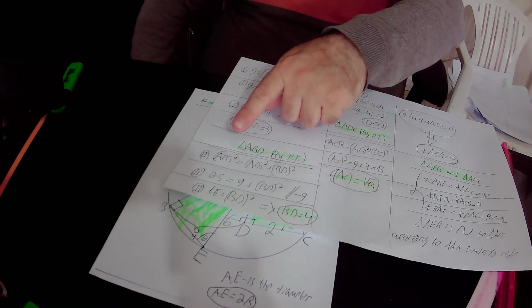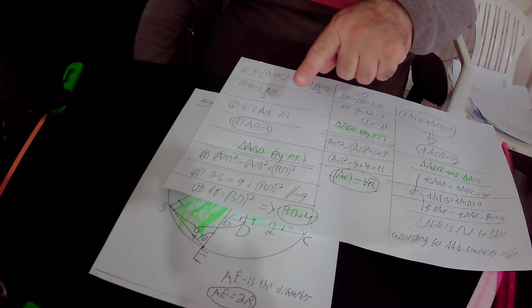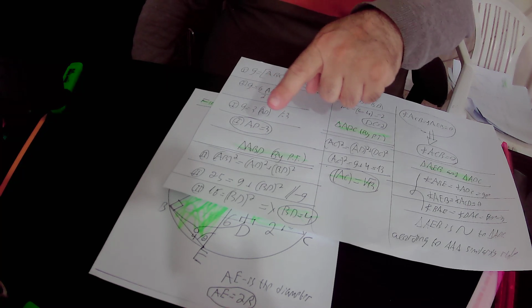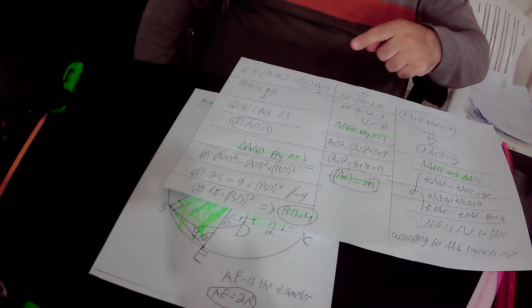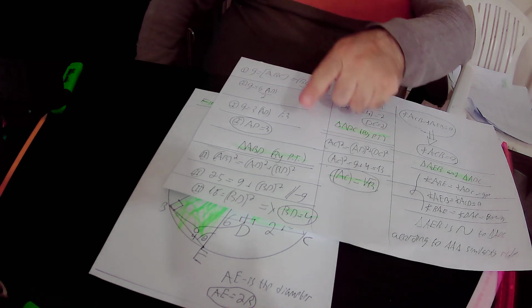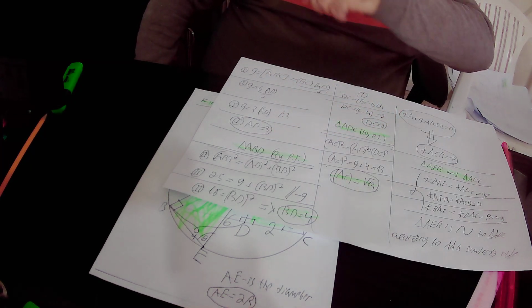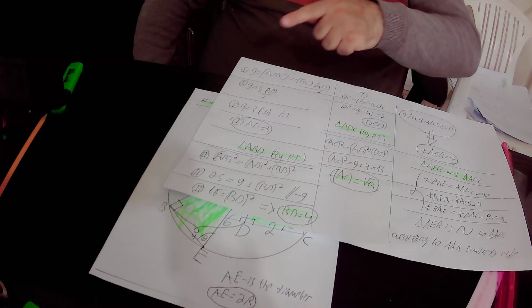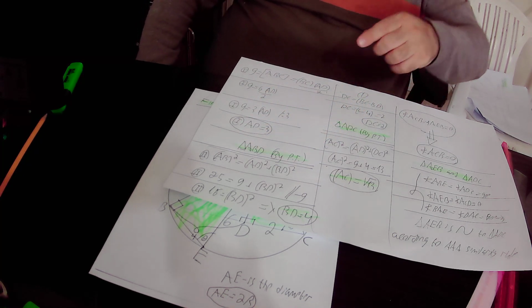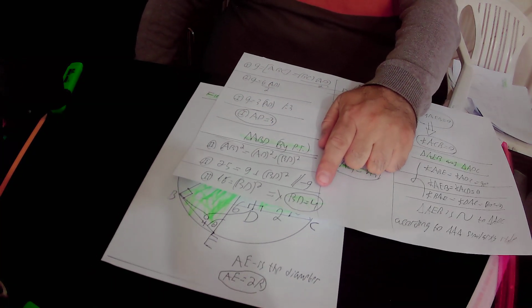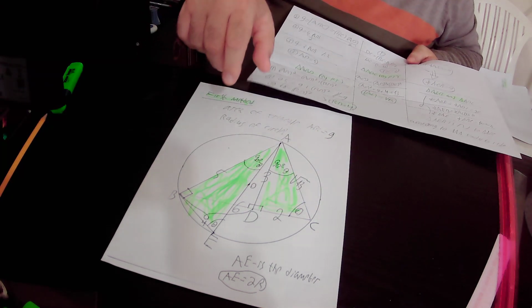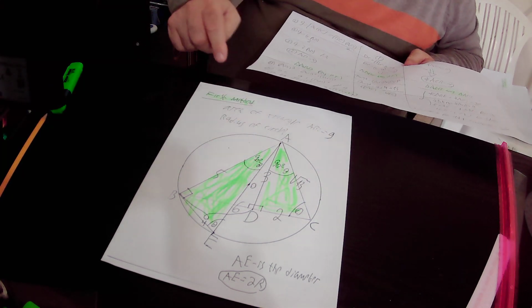Here we subtracted 9 from this equation, equation number 2, and we found out that 25 minus 9 is 16, so 16 equals BD squared. We took the square root, and we found out that BD equals the square root of 16, that is 4. So here BD equals 4 units.